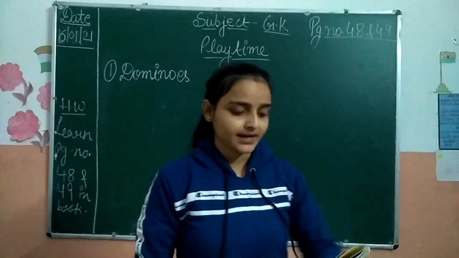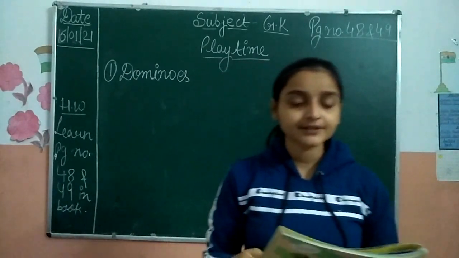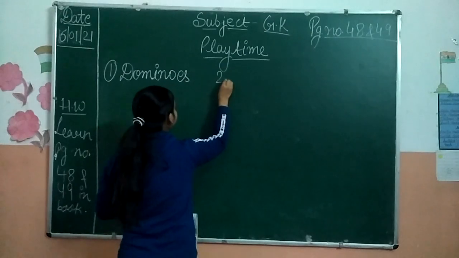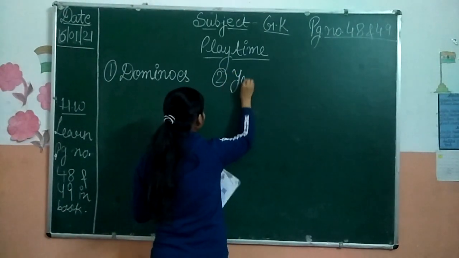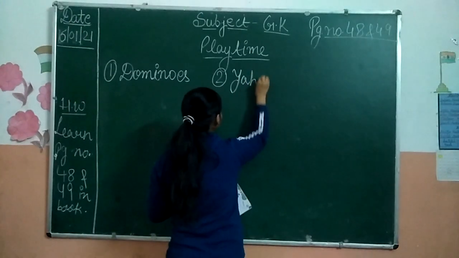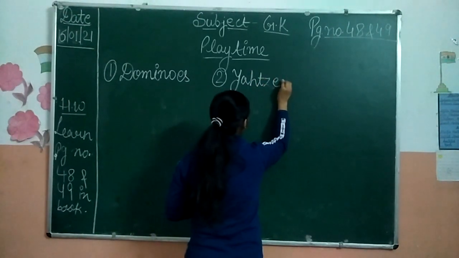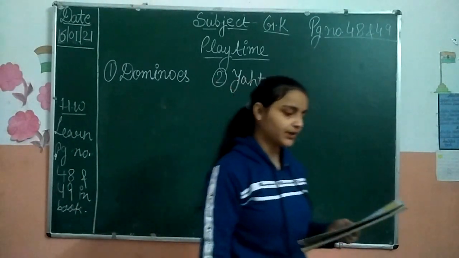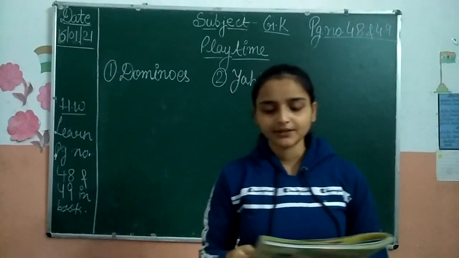In first one, write down dominoes. Second, Yahtzee. Which game is this? Yahtzee. In second number, write it down. Yahtzee. Okay.